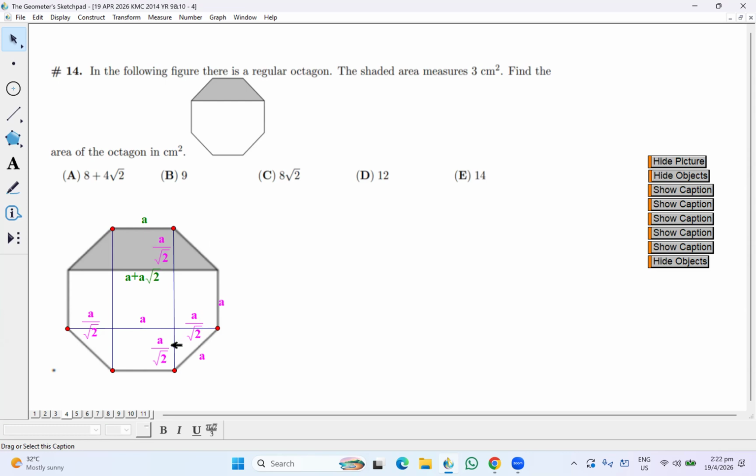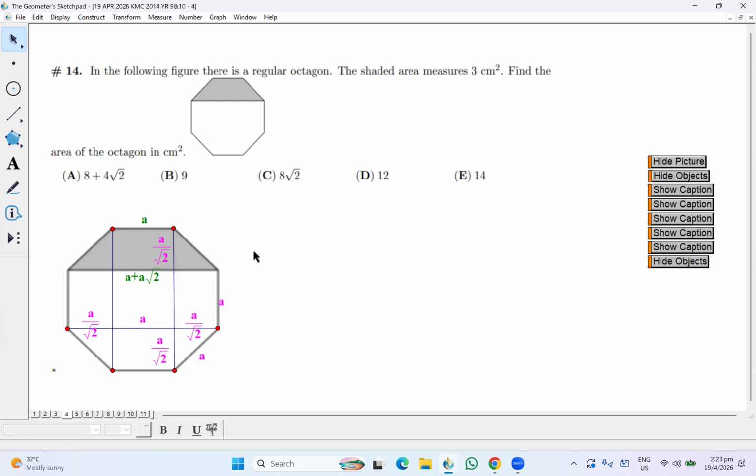By Pythagoras theorem, square becomes half A square plus half A square, I get A square. So this one just label, no need to do calculation. So A root 2. So the horizontal is A root 2 plus A root 2 plus A, which is A plus A root 2, A over root 2 plus A over root 2.